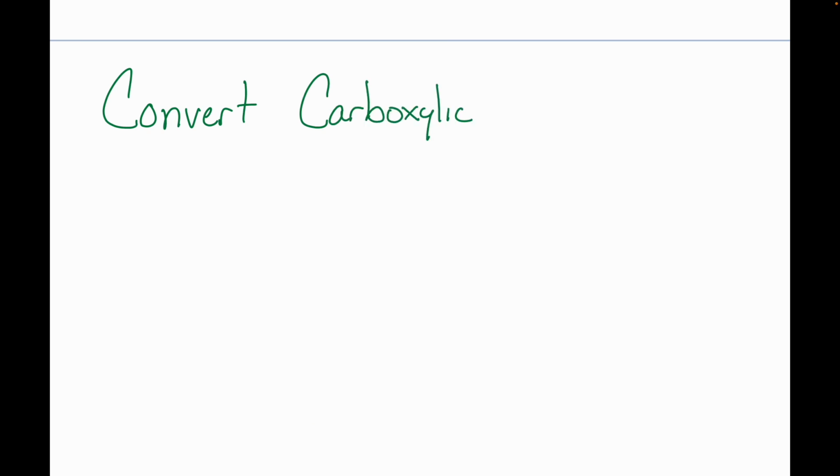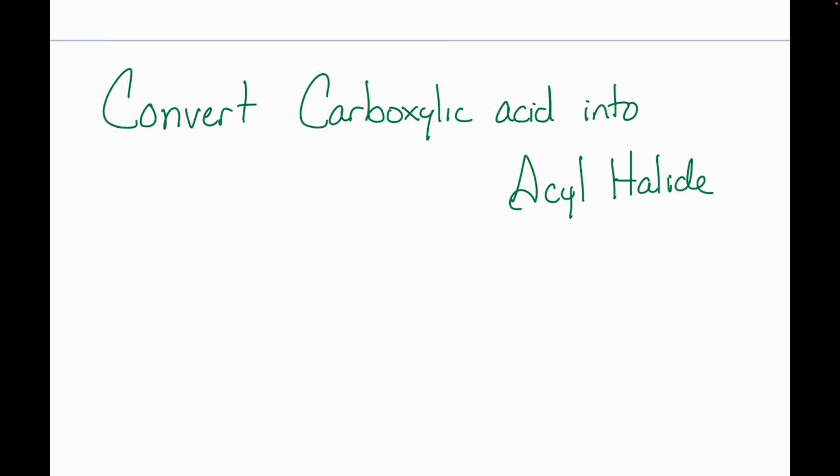All right, we can convert a carboxylic acid into an acyl halide. Even though our carboxylic acids are less reactive and our acyl halides are more reactive, we got a way to do it here.